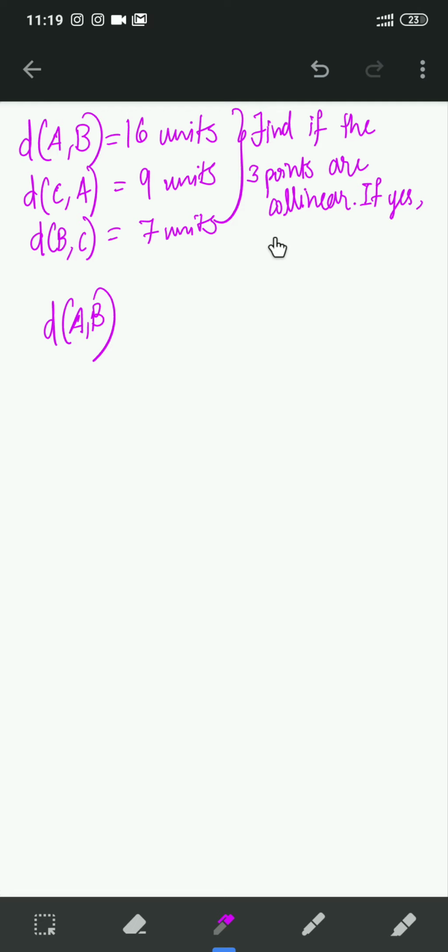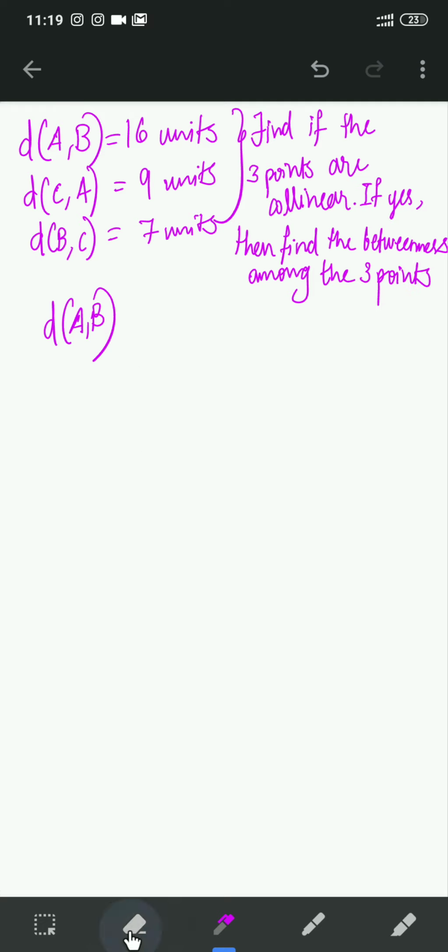If yes, then find the betweenness among the 3 points. As we know, the largest distance is AB, so the distance between points A and B is equal to 16 units.